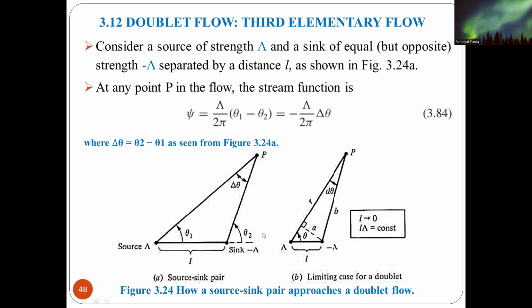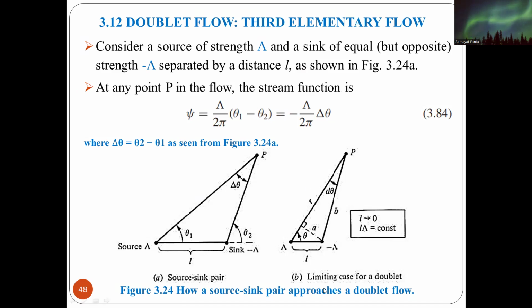Okay, so at any point P in the flow, the stream function is defined in this way. The source strength divided by 2 pi times theta 1 minus theta 2, which is equal to minus the source strength over 2 pi times delta theta. Delta theta indicates theta 2 minus theta 1.